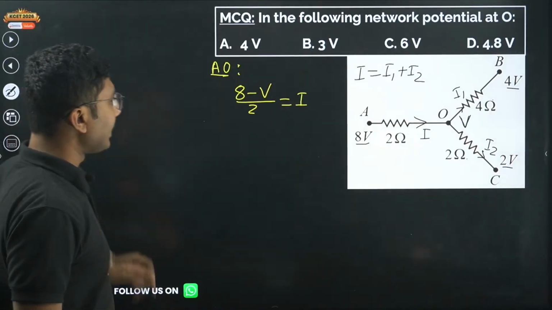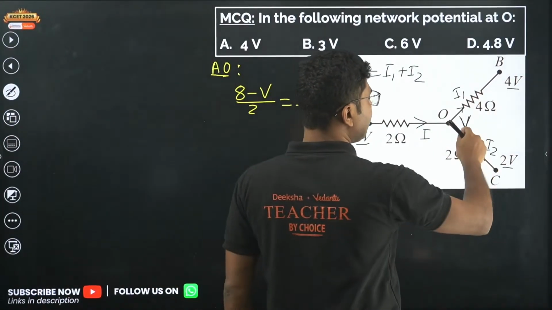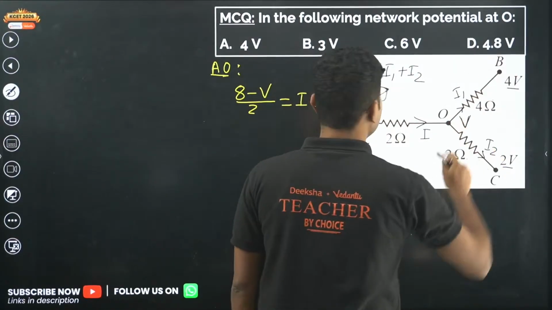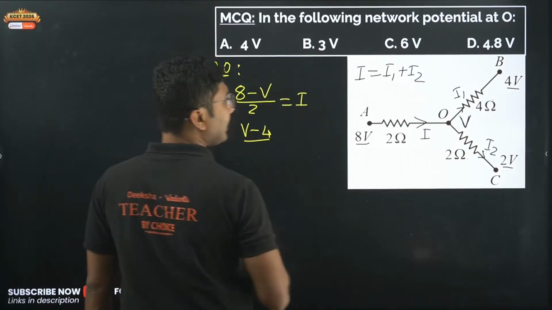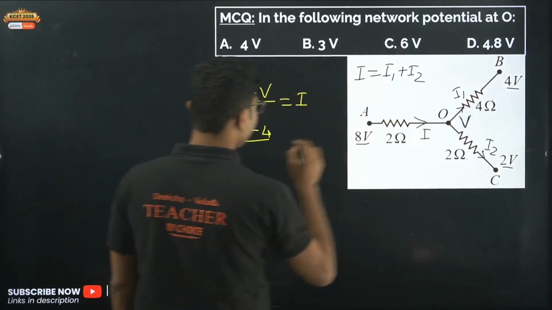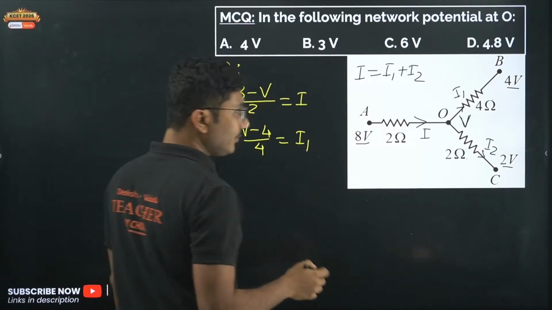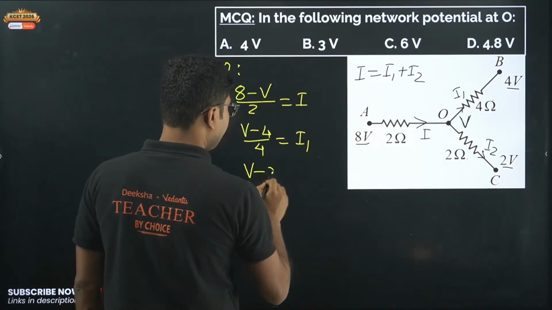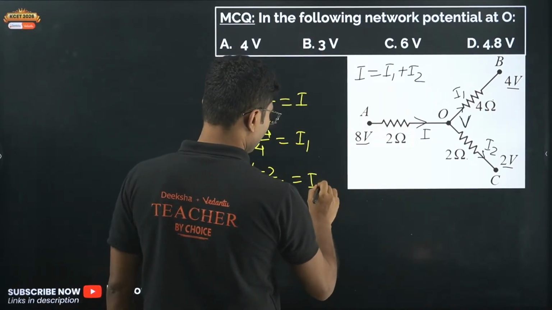So let's calculate I1. Now this is higher voltage, this is lower voltage. Current is flowing in this direction. So (V minus 4) divided by the resistance 4 must equal I1. And for this junction, (V minus 2) divided by 2 must equal I2.